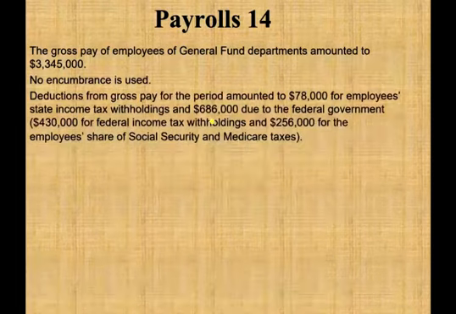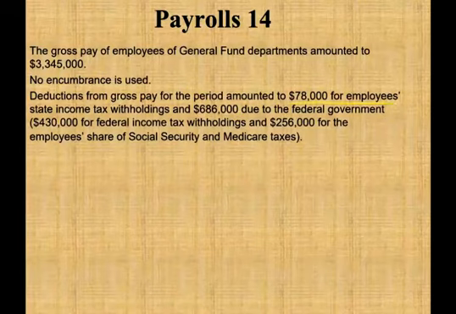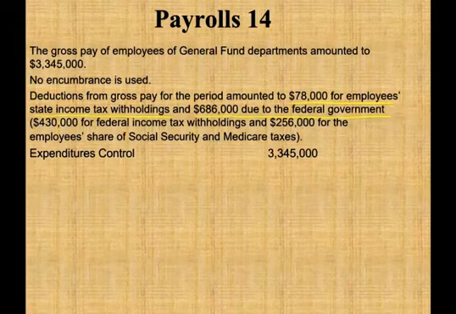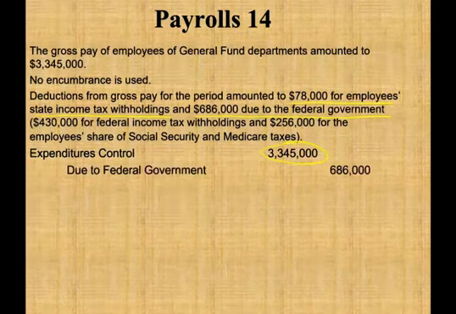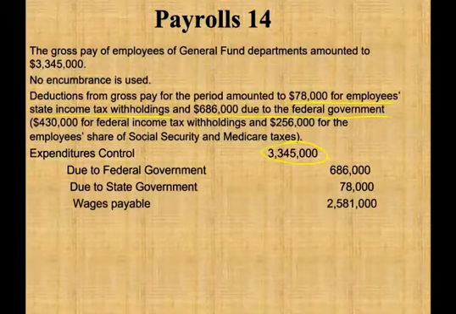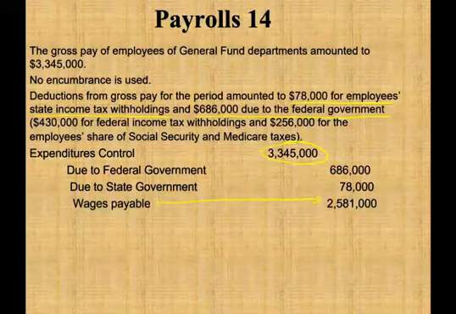Deductions from the gross pay for the period amounted to $78,000 for employee state income tax withholding, $686 due to the federal government, $440 for the federal government tax withholding, and $256 for the employee share of Social Security and Medicare. Let's go ahead and do this entry. We're going to debit expenditure control, which is basically the salary expense, $3,345,000, due to federal government $686, due to the state government $78, and the employees should receive in wages and net pay $2,581,000.